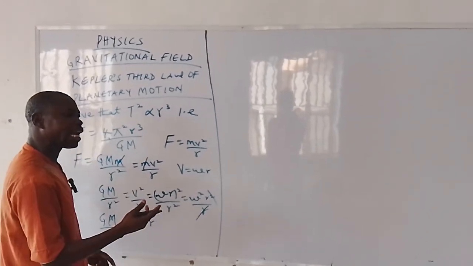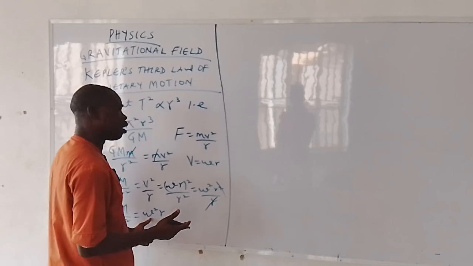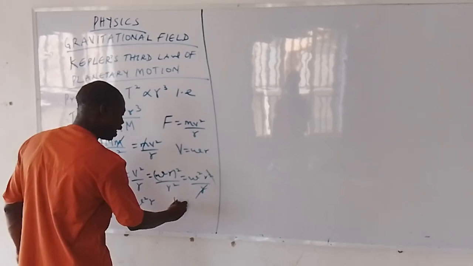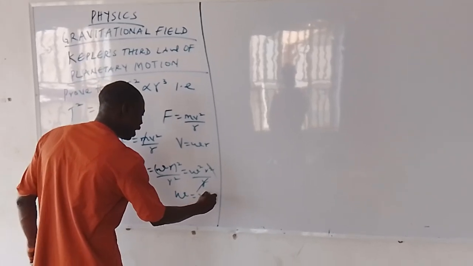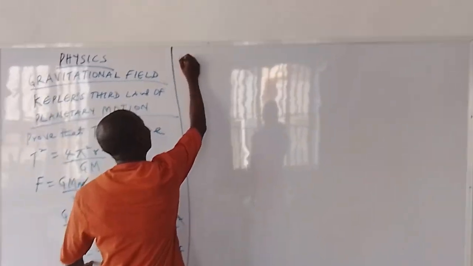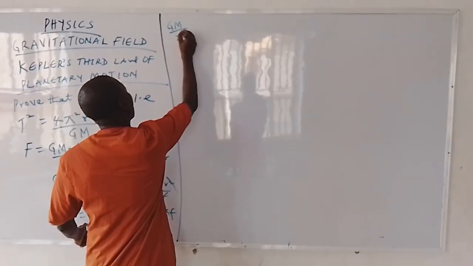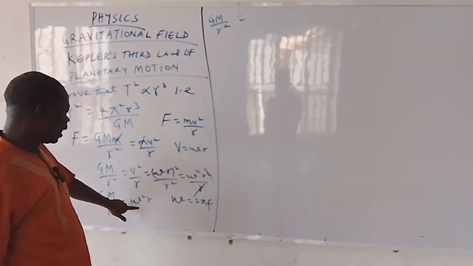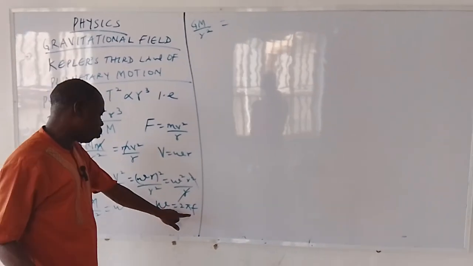Again, there is a connection between omega, which is the angular velocity, and the frequency. I know from circular motion again that omega is equal to 2 pi f. So I can rewrite this equation as GM over r squared is equal to, I will replace this omega with 2 pi f.